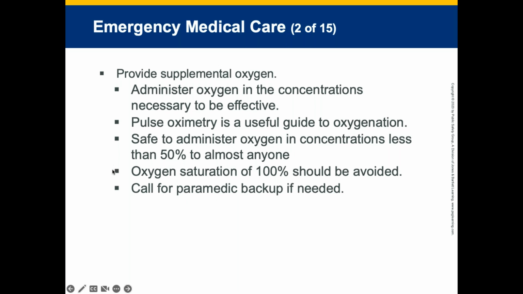Nasal cannula, 1 to 6 liters per minute, delivers between 22 and 44% oxygen. Non-rebreathers, between 10 to 15 liters per minute, deliver 90% oxygen. A BVM, 15 liters per minute, delivers 100% oxygen.